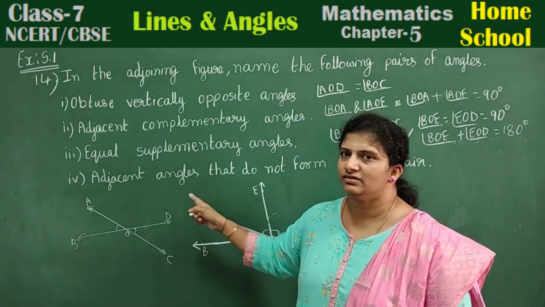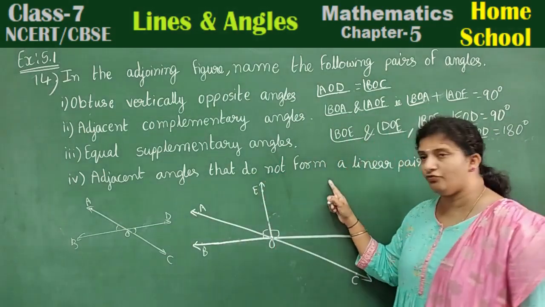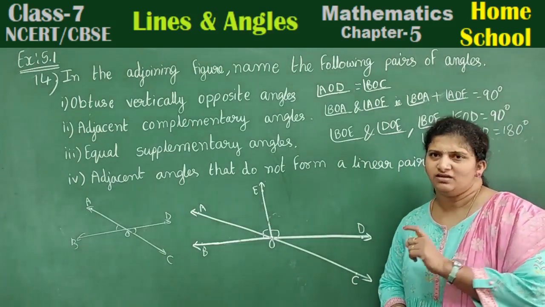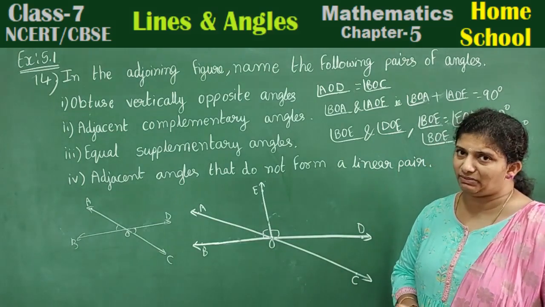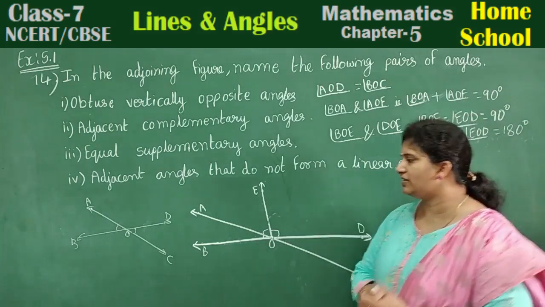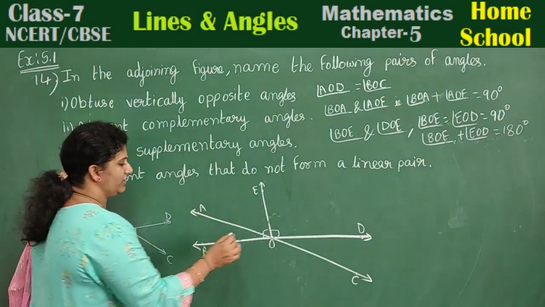Adjacent angles having same vertex that do not form a linear pair. Adjacent angles means arising from the same vertex and they are side by side angles, you can remember. And they should not form a linear pair. Observe the angles here. From here I start, children.